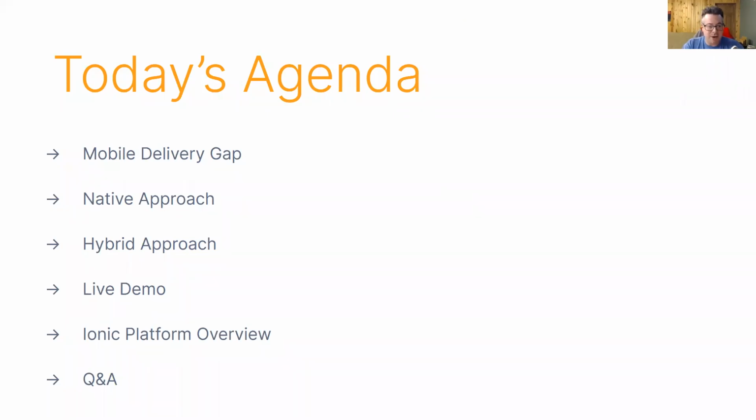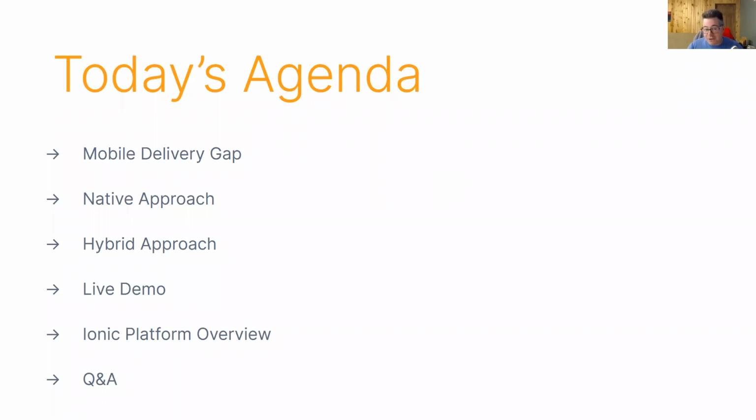Today's agenda, we've got a lot. First we're going to talk about the mobile delivery gap, and then talk about hybrid, how we tackle that particular gap. Basically the issue of software development teams being overwhelmed with their app backlog and having to deliver so many different types of apps to their business and customers. We're going to talk about how they might go about that with the native approach and then the hybrid approach.